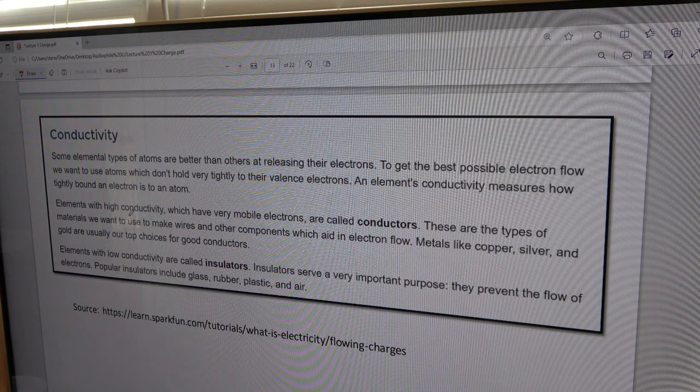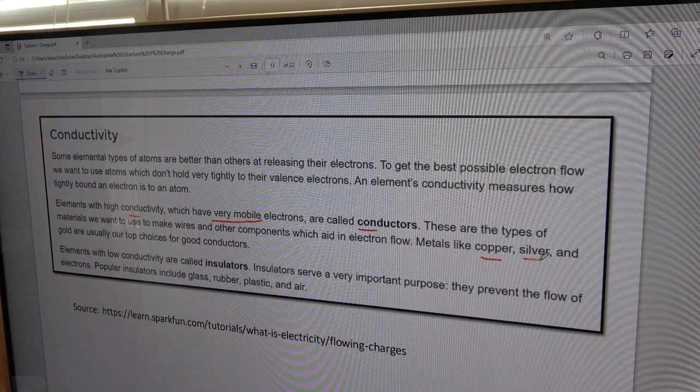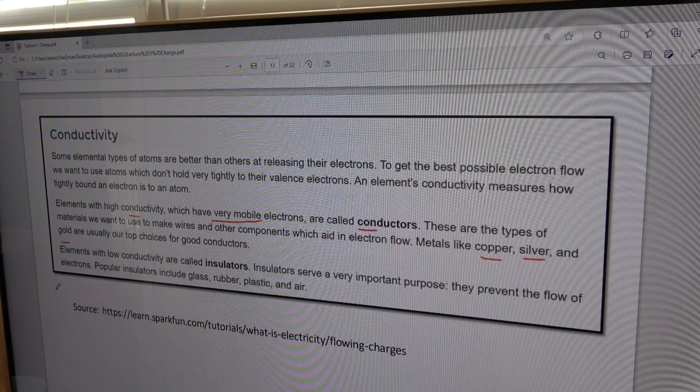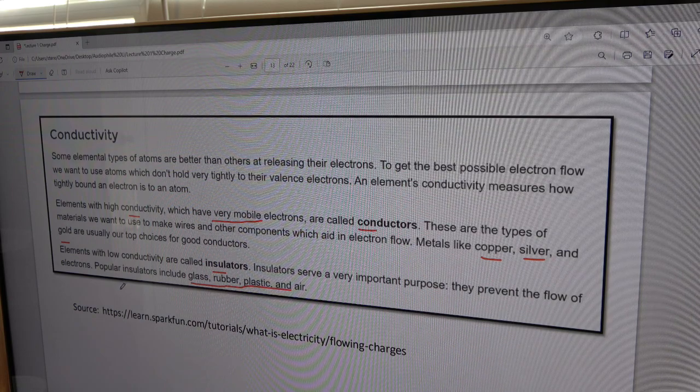Elements with high conductivity, that have a lot of mobile electrons, are called conductors, and examples are copper, silver, and gold. Elements with low conductivity, such as the carbon atom I showed you, are called insulators. Examples are glass, rubber, plastic, air, many others. Even water in its pure state is a good insulator. Wood.